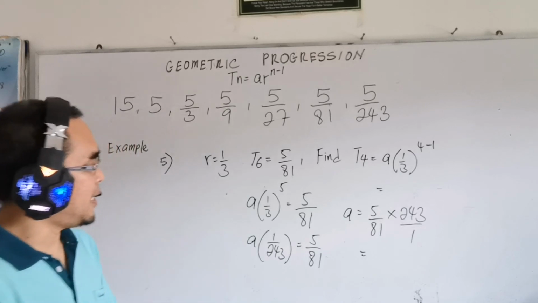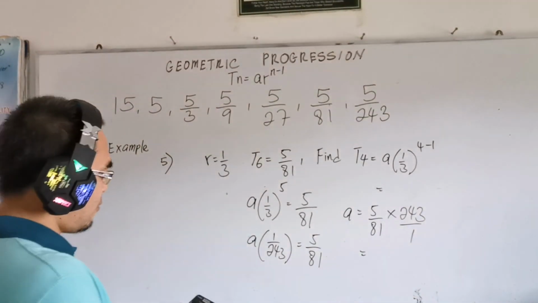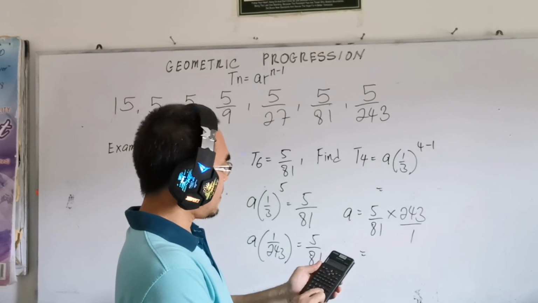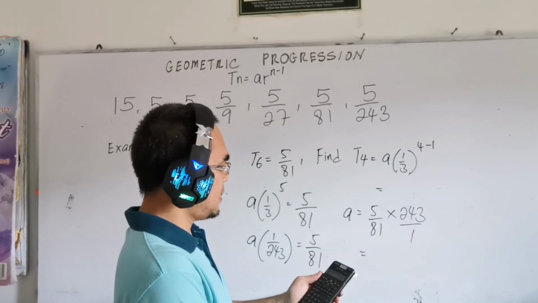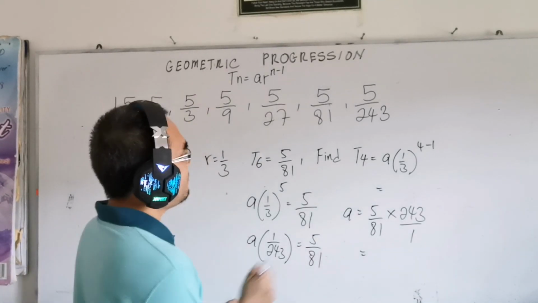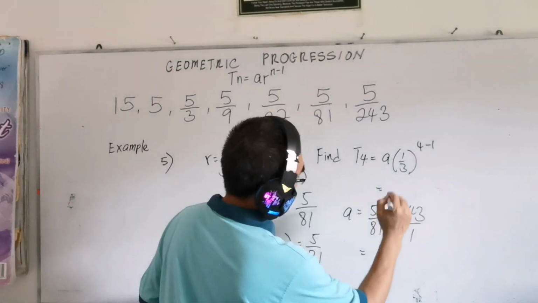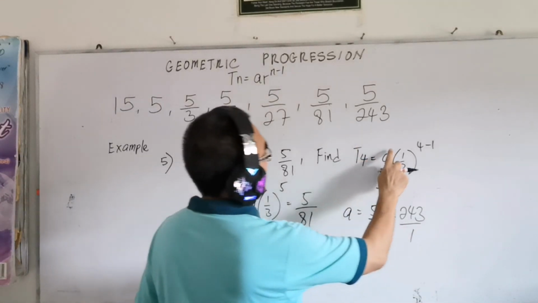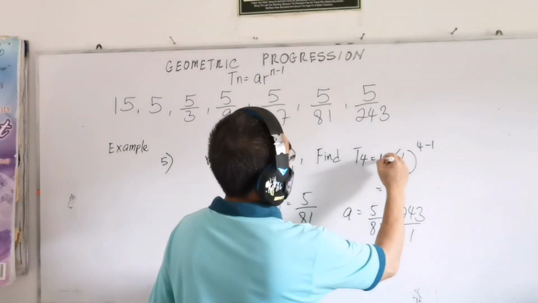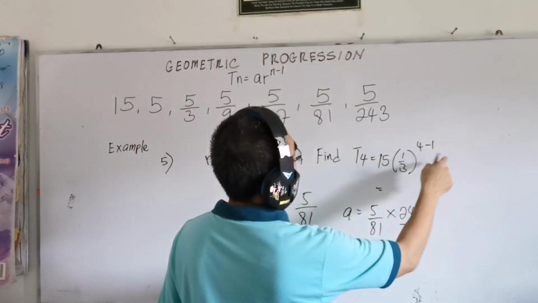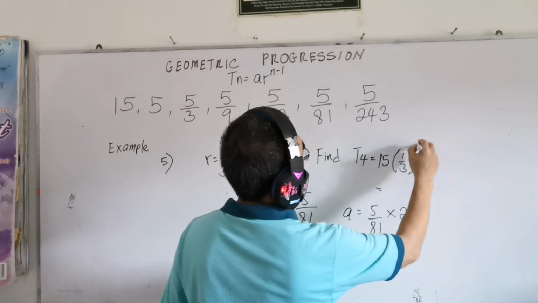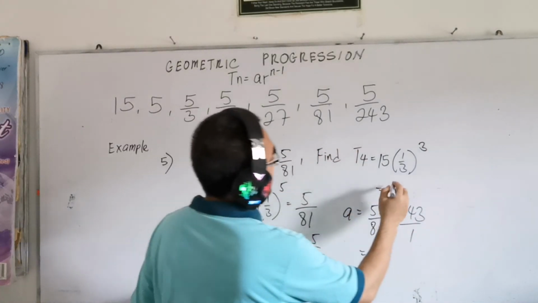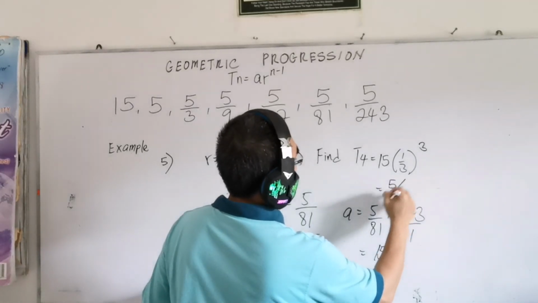And then A, you calculate 5 over 81 times 243, you get A as 15. Okay. So once you get the value of A, you can replace A as 15, and then you replace 4 minus 1 as 3. Just press calculator, then you should get the T4 as 5 over 9.